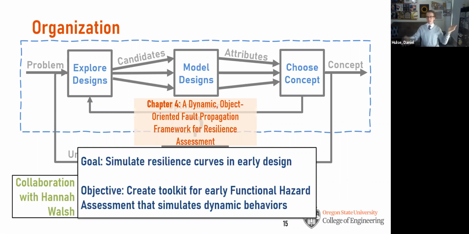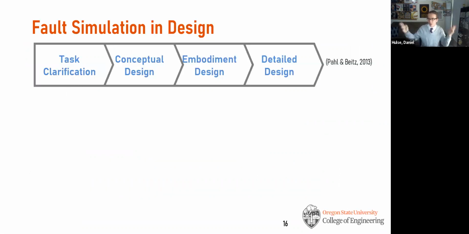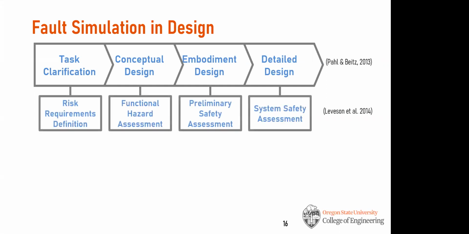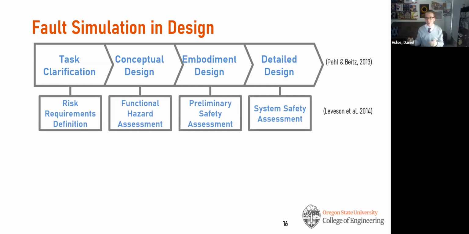And just to put this all in context, if we think about the design process as something where you go from task clarification, conceptual design, embodiment design, detailed design, there's a parallel process that occurs in hazard analyses that are often used in the design of aircraft and things like that, where first they define the requirements having to do with risk, then do a functional hazard assessment, preliminary safety assessment, system safety assessment.